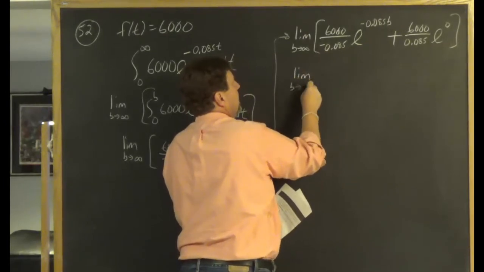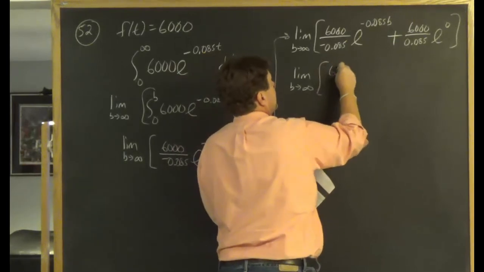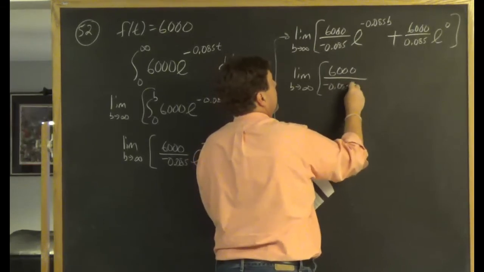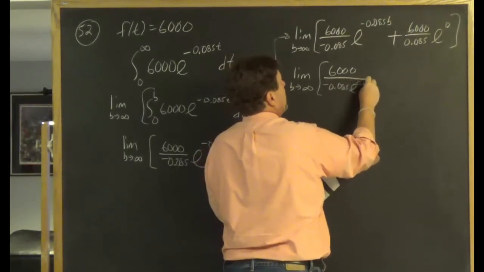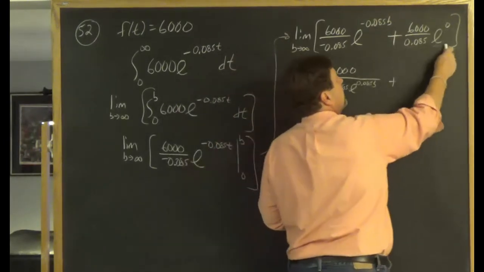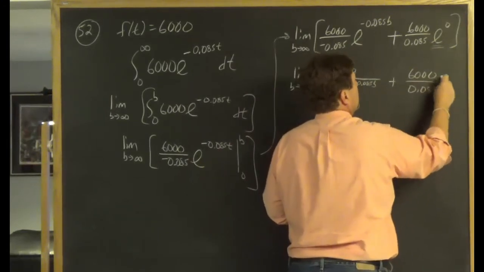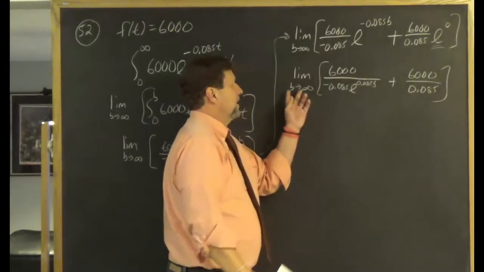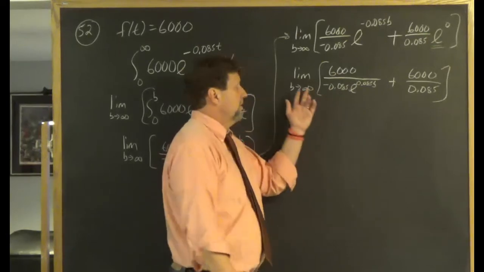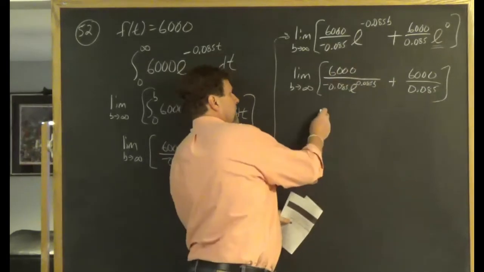So we have the limit as b goes to infinity of 6,000 over negative 0.085 e to the positive 0.085 b plus, and remember e to the 0 is 1. Doing the limit as b goes to infinity, we've seen this a lot now in this section. This shouldn't be a surprise to you. The limit as b goes to infinity of this first term is 0.